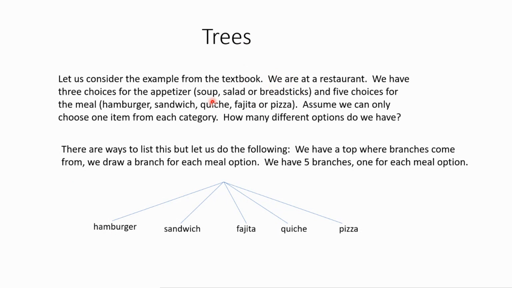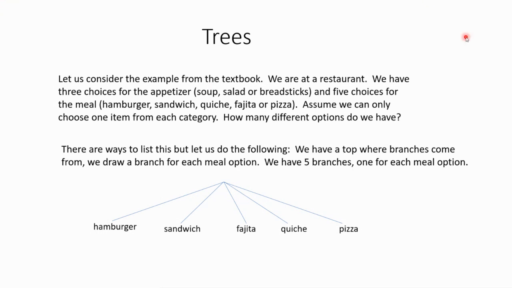For the appetizer, remember, we have soup, salad, or breadsticks. And for the meal, we can get a hamburger, a sandwich, quiche, fajita, or pizza. And of course, just to make it simpler, we're assuming you can only get 1 item from each category.